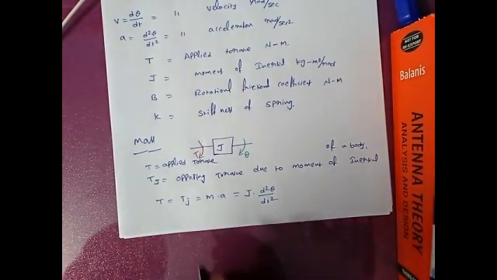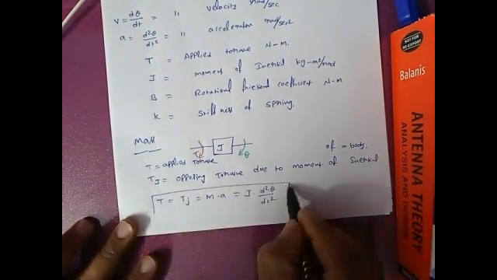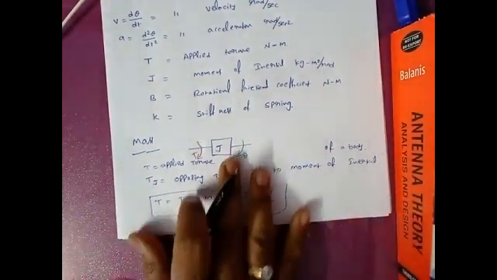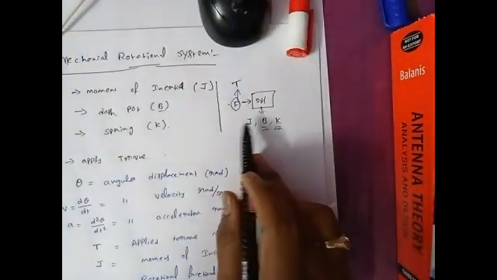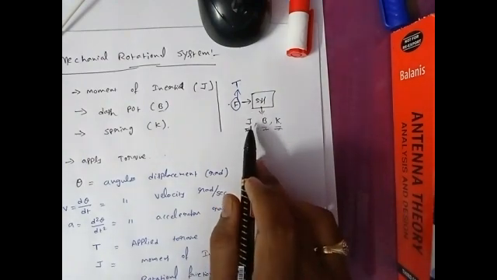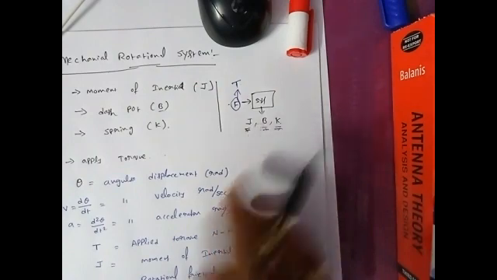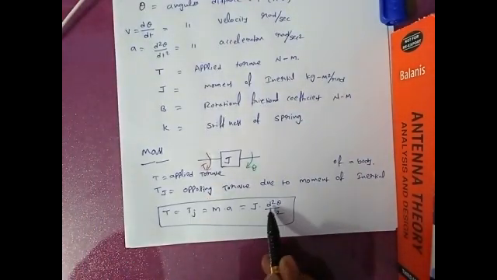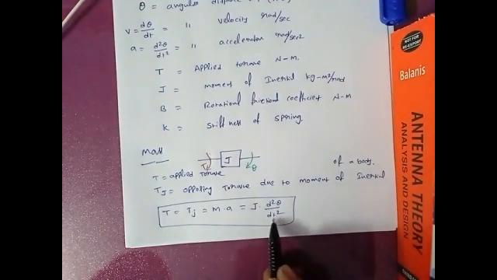So T equals Tj equals J into d square theta by dt square. Whenever we apply some torque on the system, that torque is opposed by the mass of that system, and mathematically we represent that opposing torque as J into d square theta by dt square.